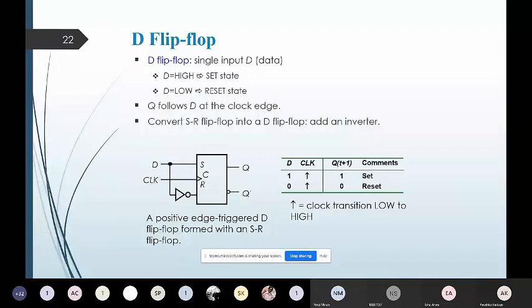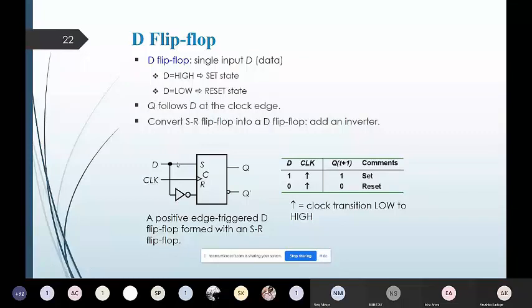And to convert the SR flip-flop into the form of a D flip-flop, we have to add an inverter for this R input to be connected, because we have to get a single input to be obtained from the basic SR flip-flop, which is having two input condition. And that's why if you are observing in this block diagram, basically this block is of SR flip-flop with the clock control input that has been shown, but we have to convert this SR flip-flop in form of a D flip-flop, which is having a single input.